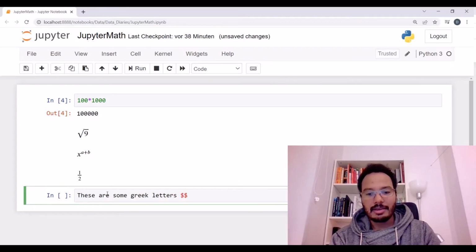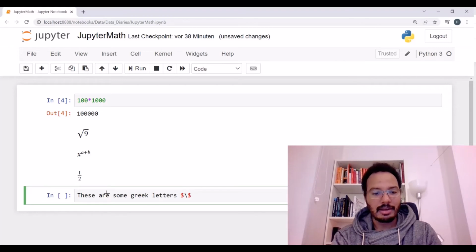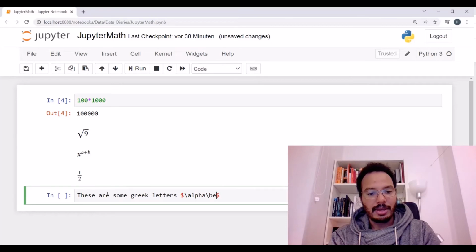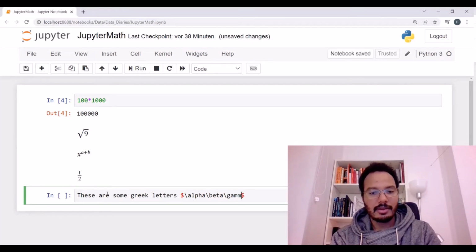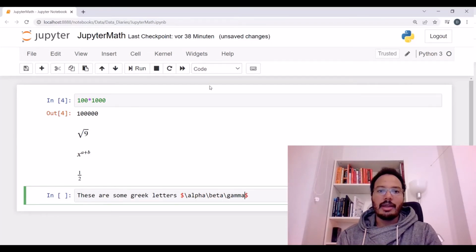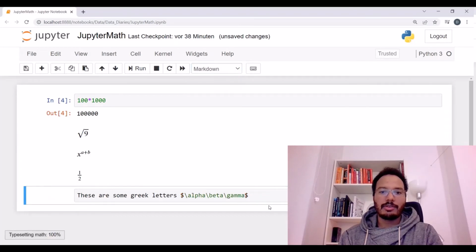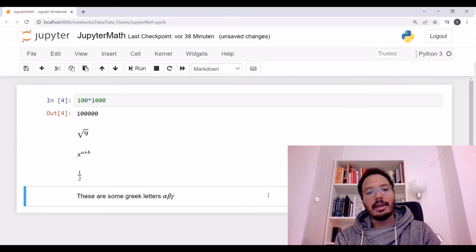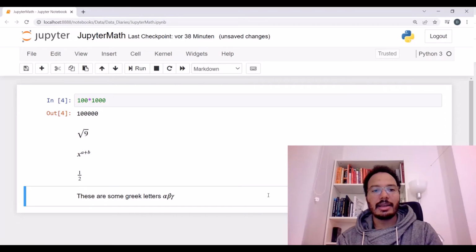And inside, I just put in the LaTeX notation, for example, alpha, beta, and gamma. And switching back to Markdown and running it, you see it will display it inline.